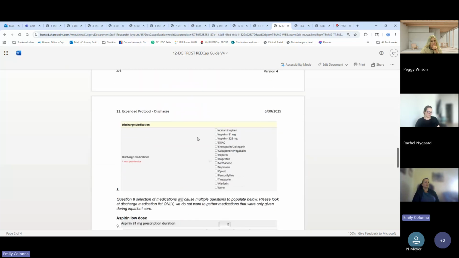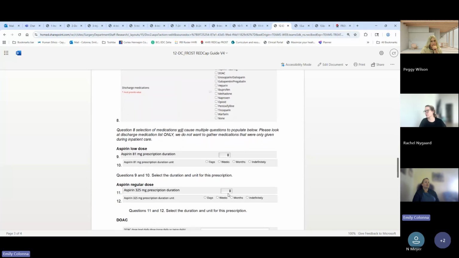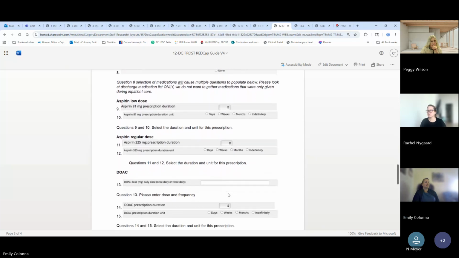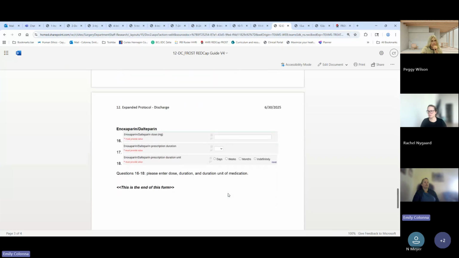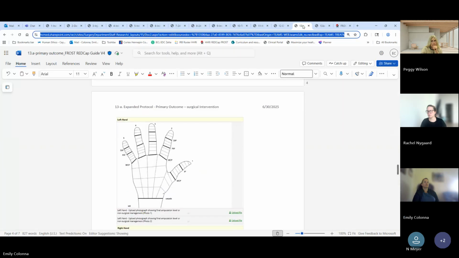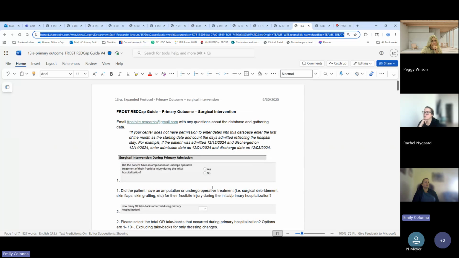At discharge, were they on any of these medications? Just a couple follow-up questions for aspirin duration, DOAC duration, and enoxaparin. And the last one: did the patient have an amputation or undergo operative treatment during the primary hospitalization?